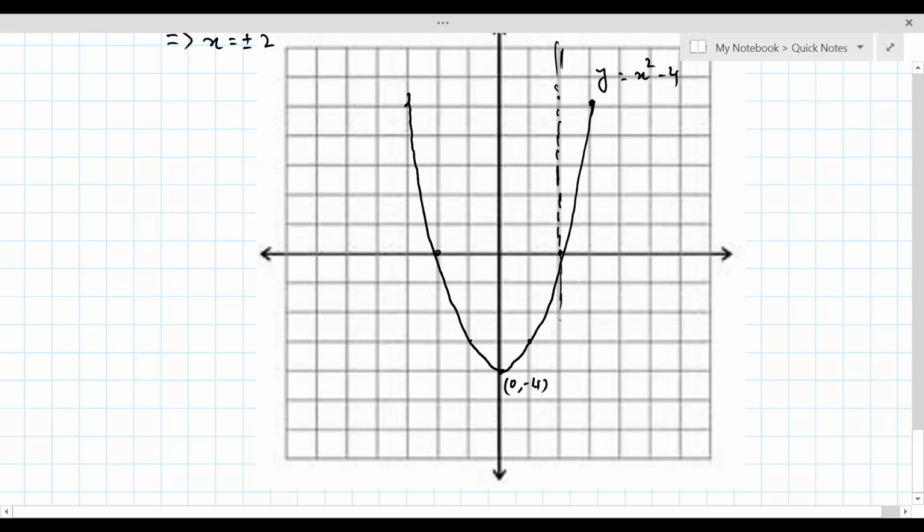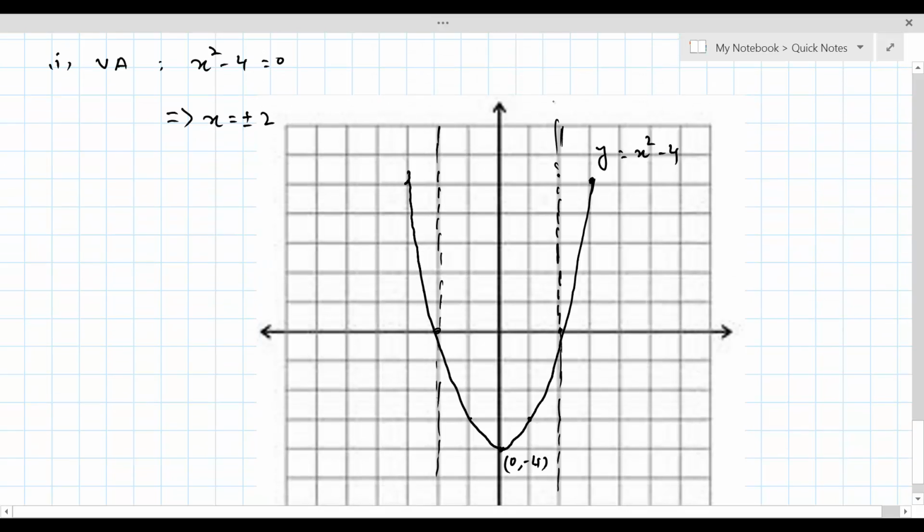So let's just draw the line here as well as line on this side here. So these are two lines for the asymptote, one is x equal to 2. This one is x equal to minus 2.